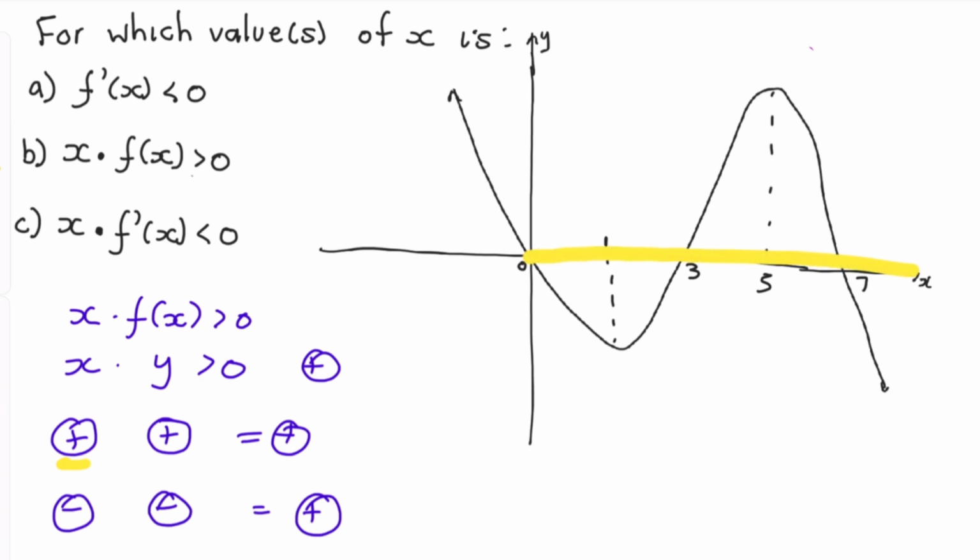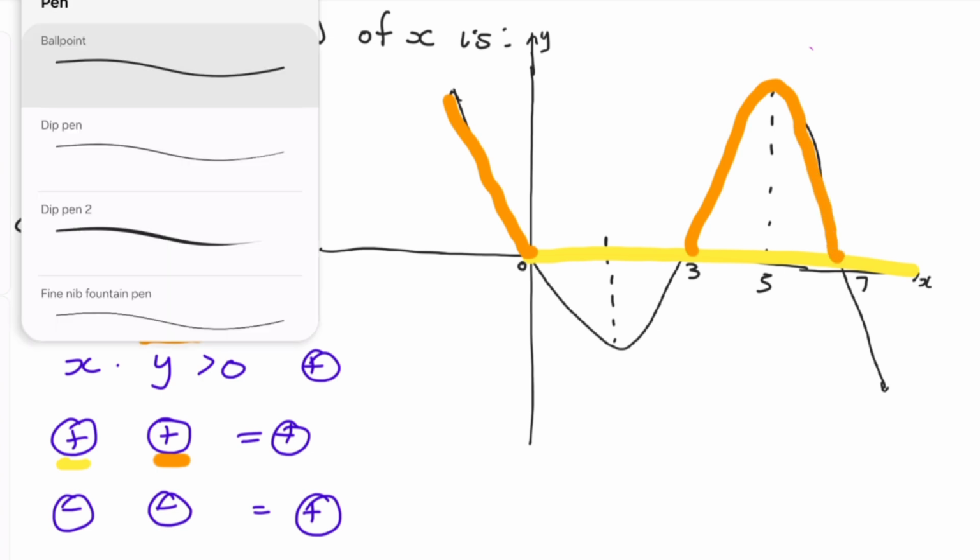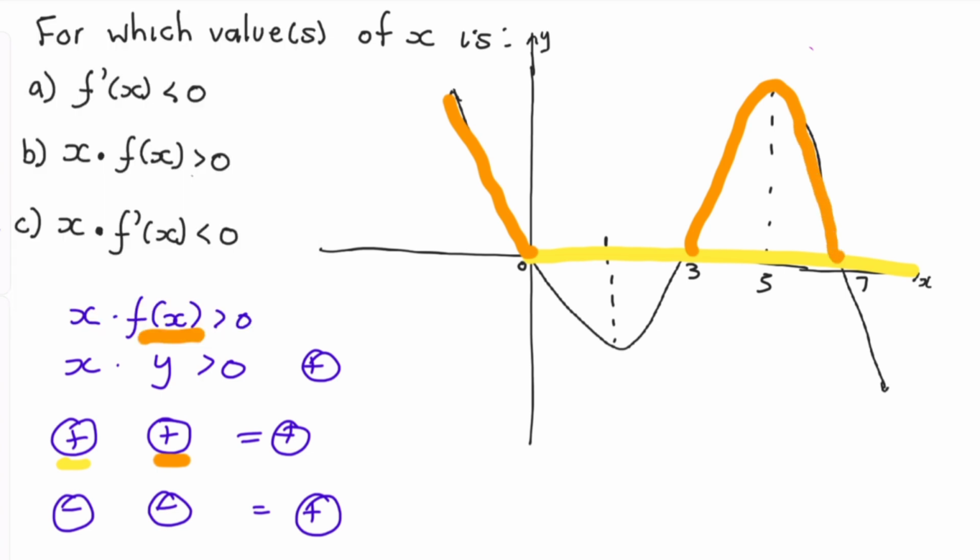And then let's look for where this graph is above the x-axis. So it is here and here. So at the same time, where do we have positive x values and the graph being above the x-axis? It's between 3 and 7. So our answer would be when x is greater than 3 but less than 7.